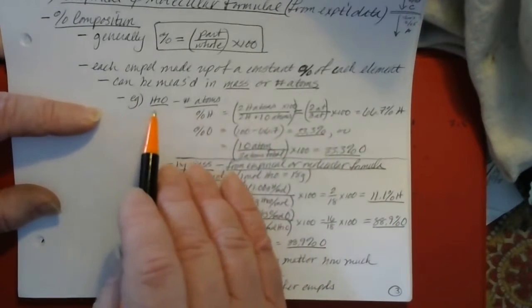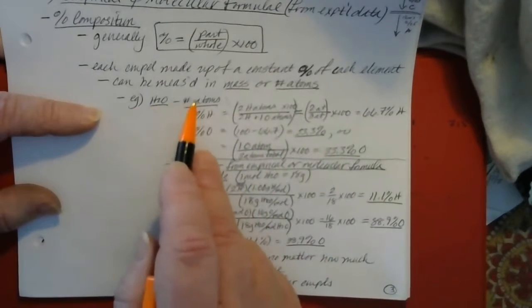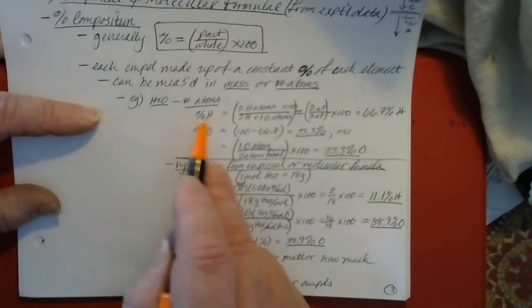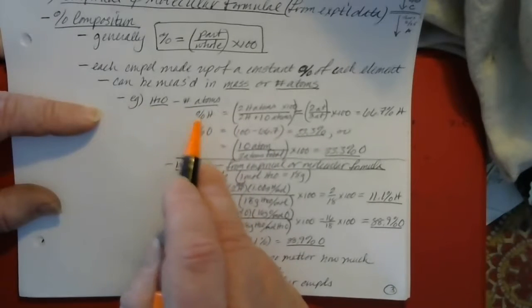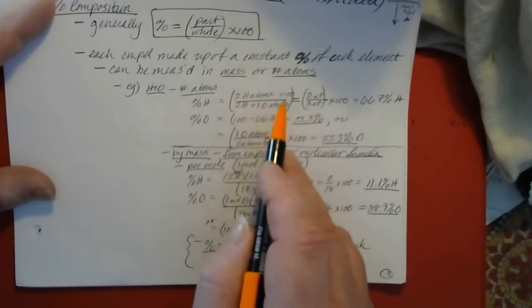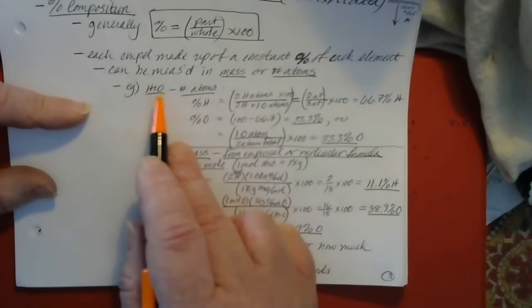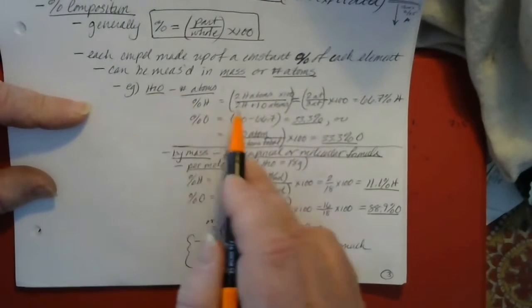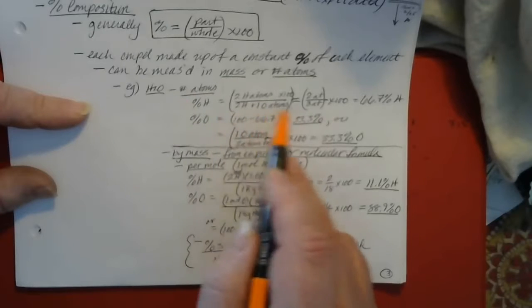Water would be a good simple example. Looking at the number of atoms, you could think of the percentage of hydrogen in water as being 2 hydrogen atoms over a total of 3 atoms in the entire molecule, 2 hydrogen plus 1 oxygen.